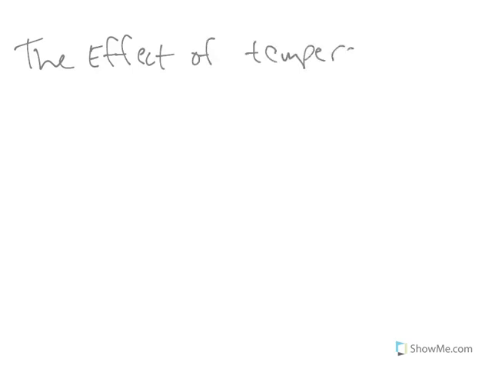Okay, next thing we want to move into is the effect of temperature on reaction rate. Now, in Lab 4, the simulator, you were able to see, hopefully, that if you increased temperature, you increased rate.